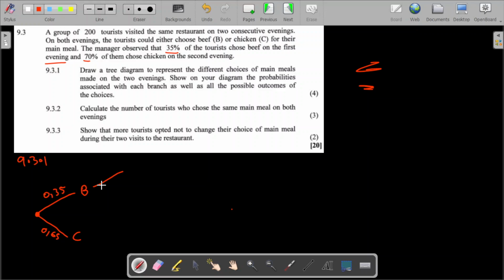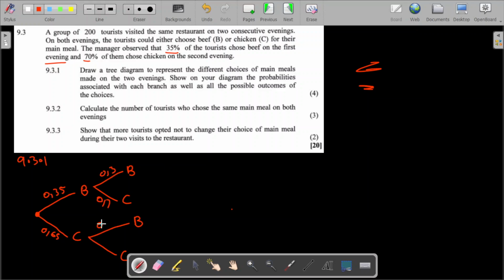Now this is my first evening. Now it's the second evening, where we're going to have beef and chicken also. On the second evening, they're telling me that 70% choose chicken, so it's going to be 0.7. How many choose beef? Again, it's 100 minus 70, which is 30, and that in decimal places is 0.3.